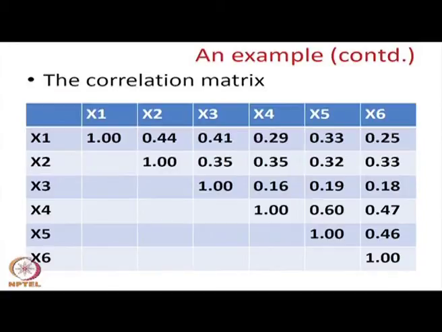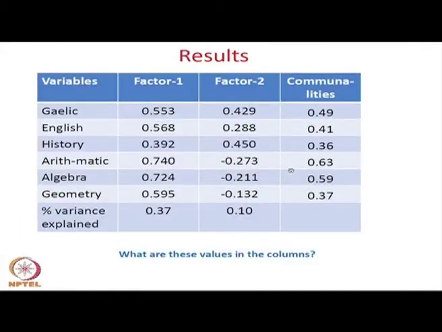When the correlation coefficients are more than 0.3, you can go for factor analysis, that is the suggestion, but many of the correlation coefficients should be more than this. Then using the principal component method for two factors, you will get something like this, factor 1 and factor 2.